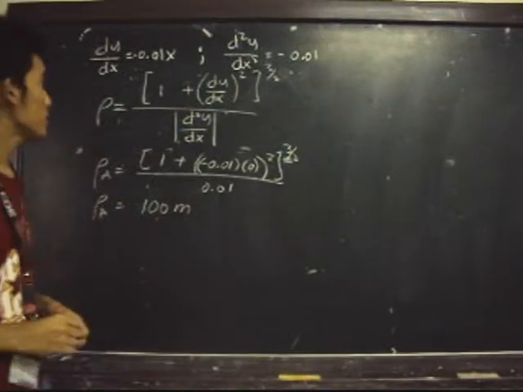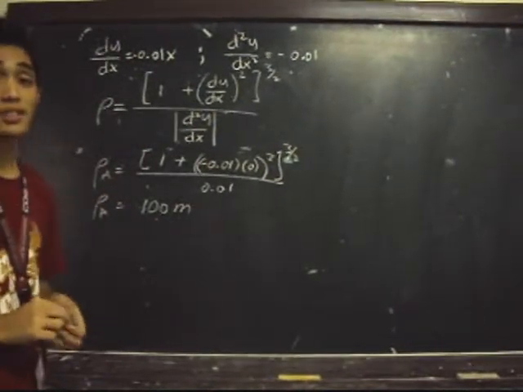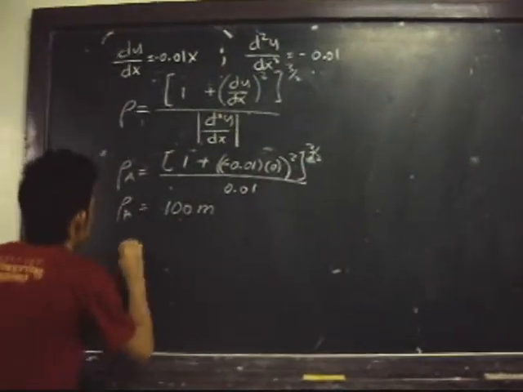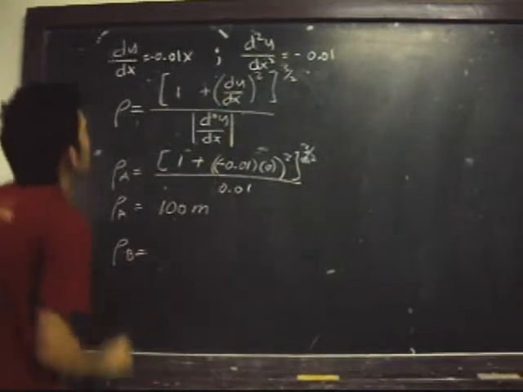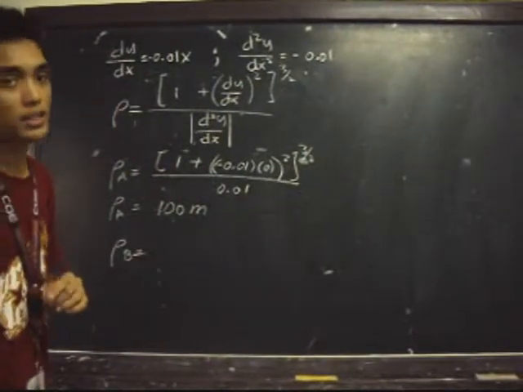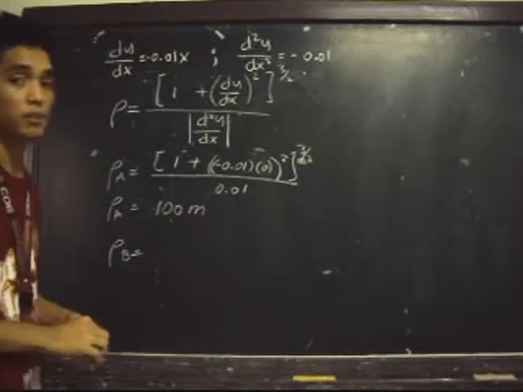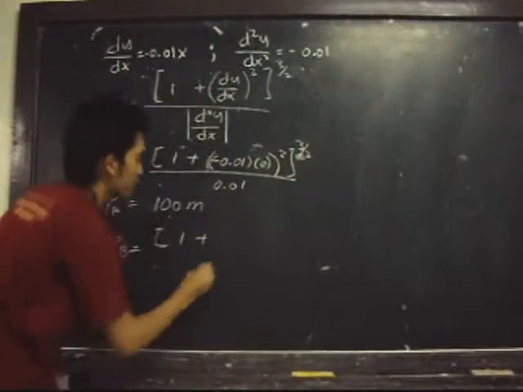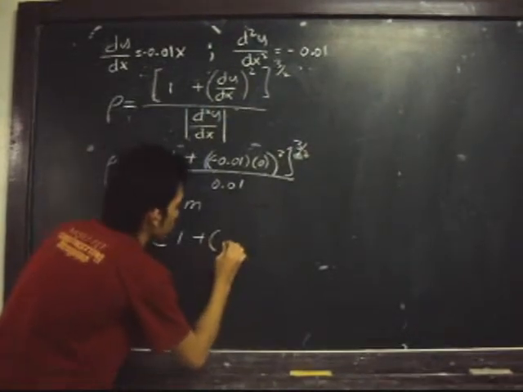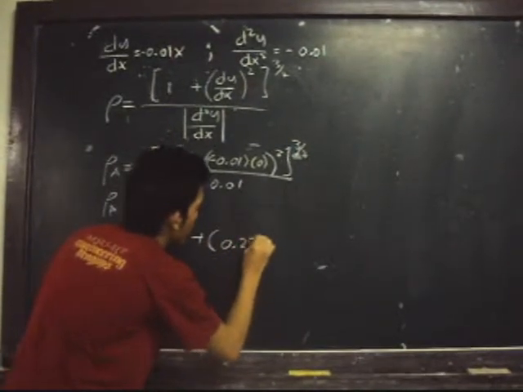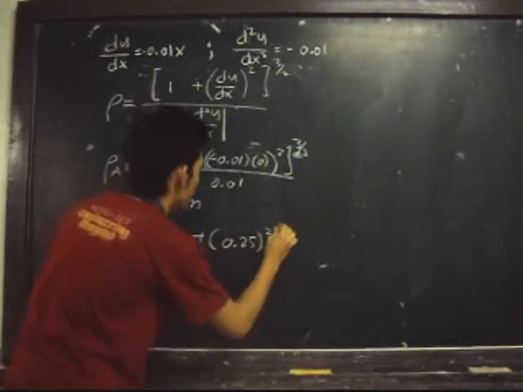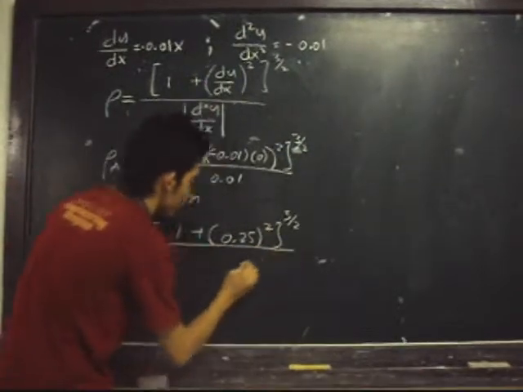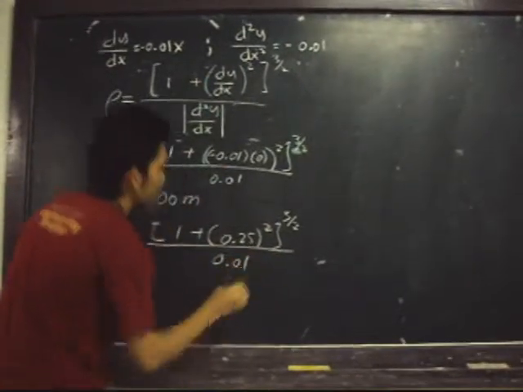For point B, we have x equal to 25. Given this data, we can get the radius of curvature at point B as 1 plus 0.25 squared, to the 3 halves, over 0.01.